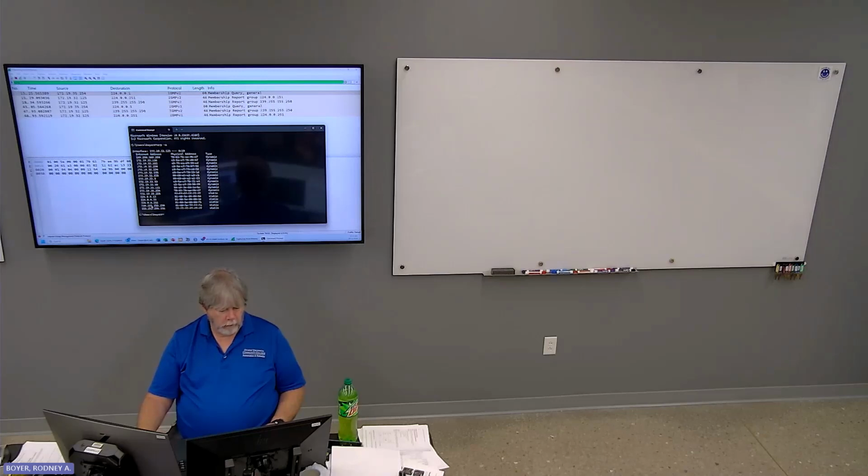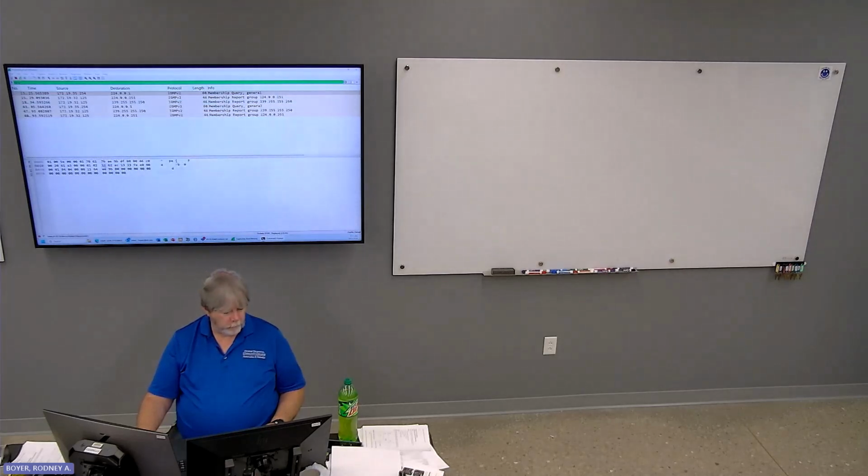So what's this membership query? Is that like your computer asking whether it's part of the group, or whether it can be? You don't have to wait for time to leave or anything in this IGMP tool. If you break these out, you can look at the data and see how they match up.